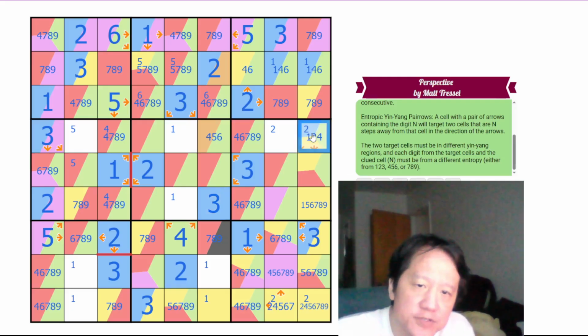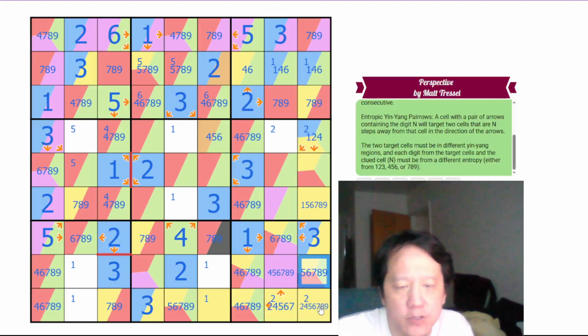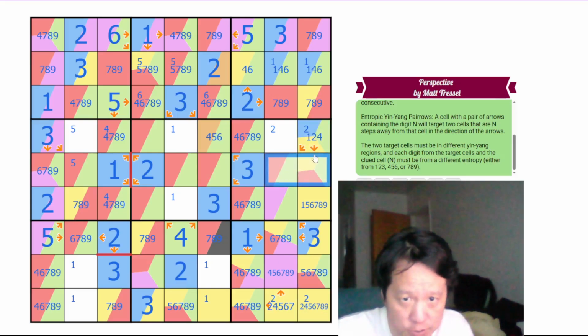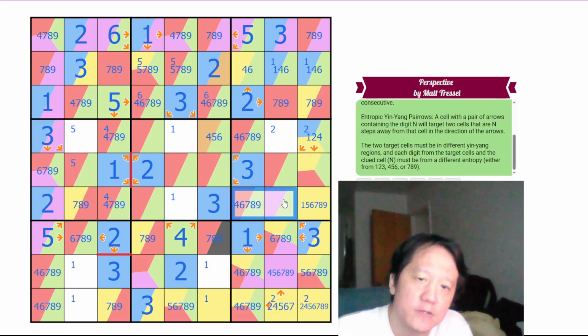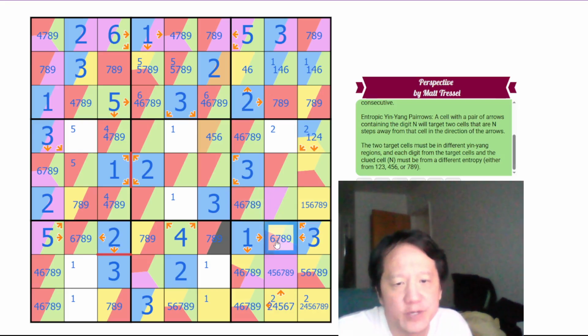Interesting. So if this is 4, that does work. So that would be 2, and this would be high. 1 also works here, too. 2 also works here. So we don't have that much information.